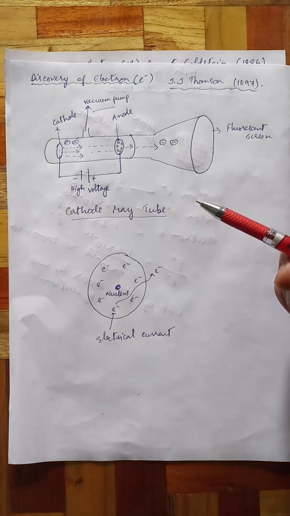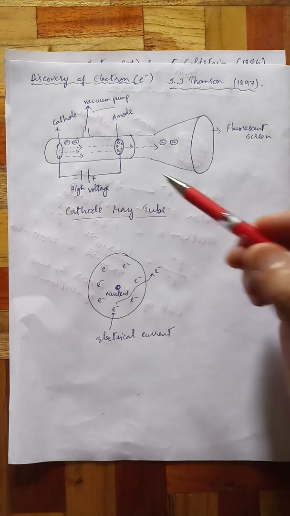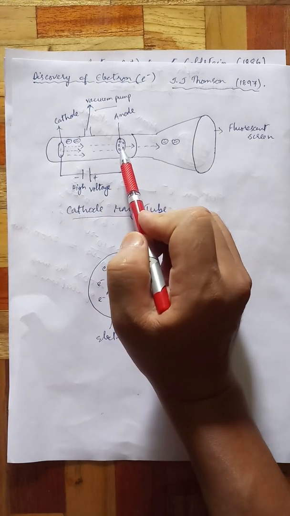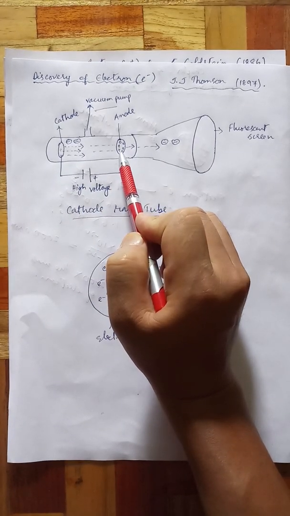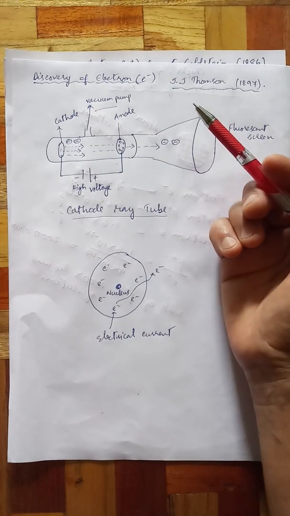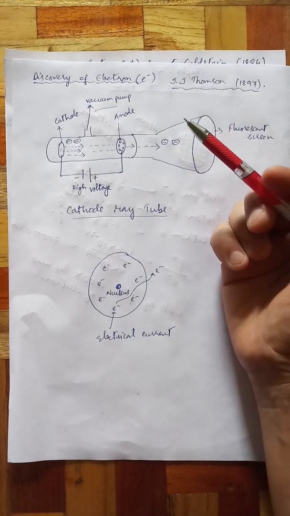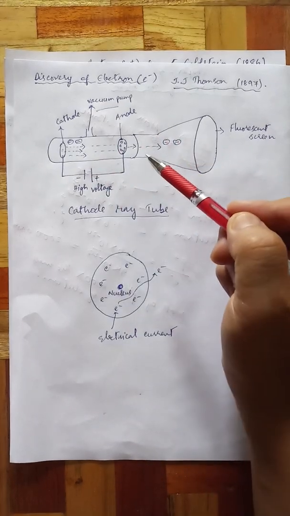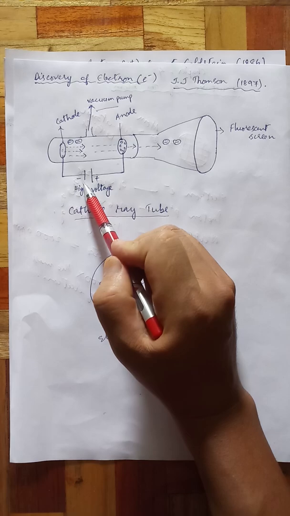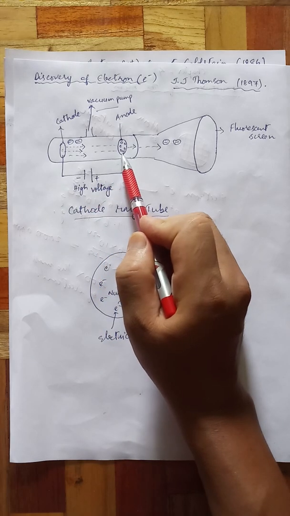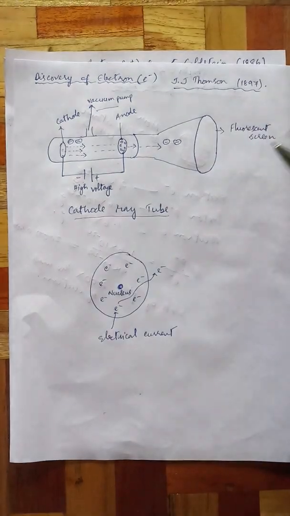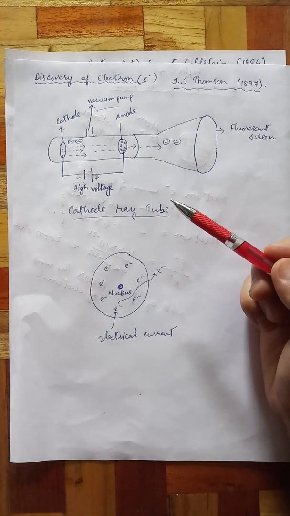Inside the tube, on one side, a cathode is placed, and on the other side, an anode is placed. Cathode is a negative charge conductor connected to the negative terminal of the battery, and the anode is the positive charge conductor connected to the positive terminal of the battery.